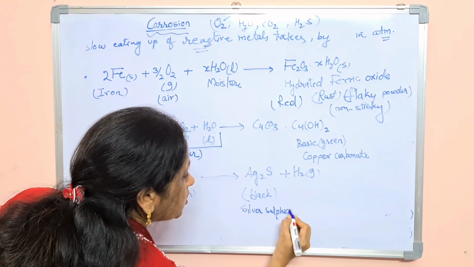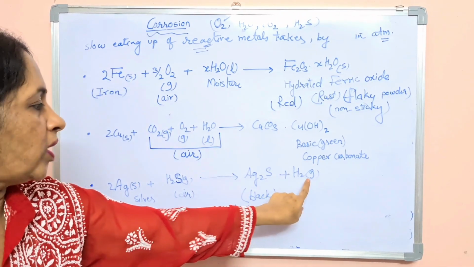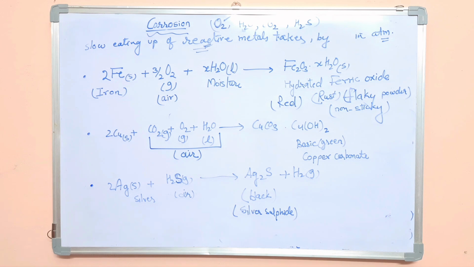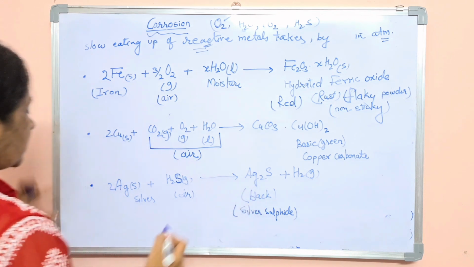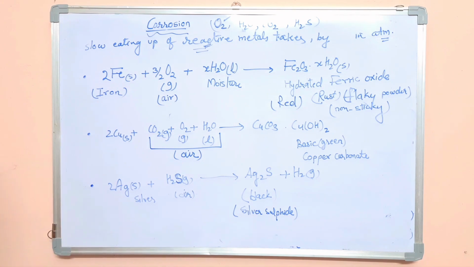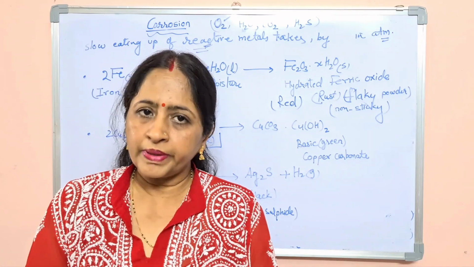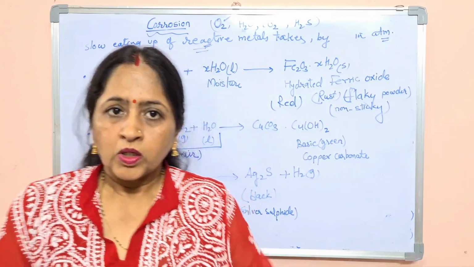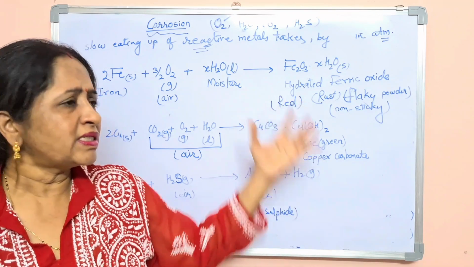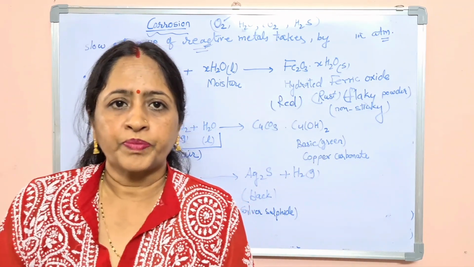This is called silver sulfide, and here comes out hydrogen gas. So this is also the reaction for the corrosion of silver. Okay, so here the corrosion topic I explained with the help of the three metals, that is iron, copper and silver.